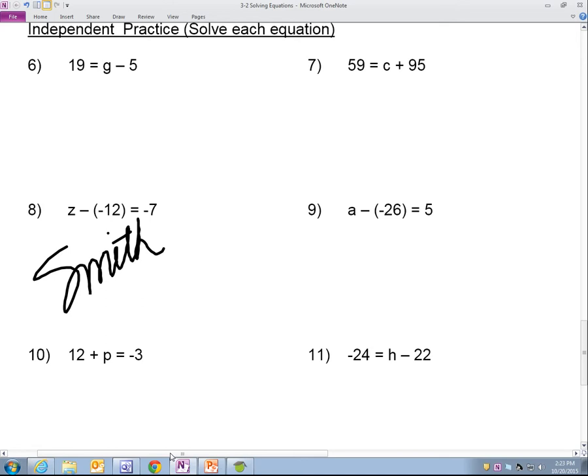Remember to think what is happening to the variable. What is happening to the variable? Undo what's happening to the variable. I want you to do the same layout that we've done on all the other questions, please.